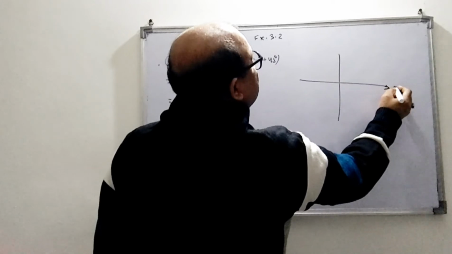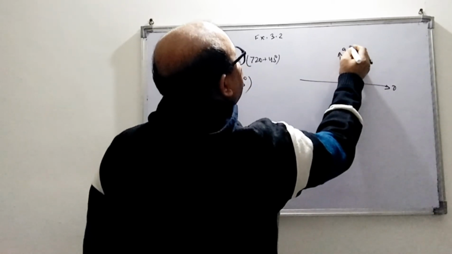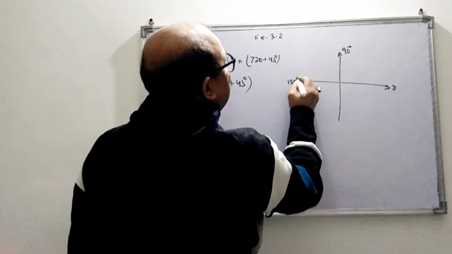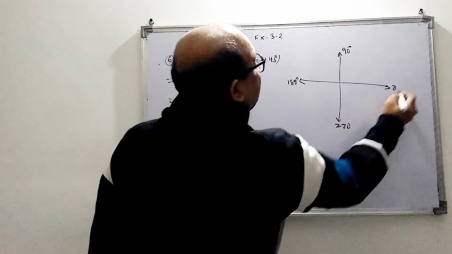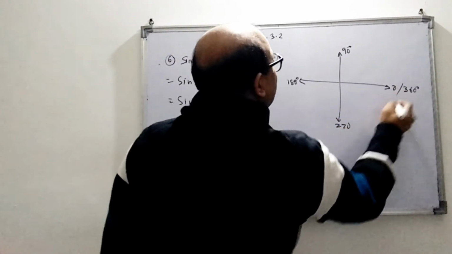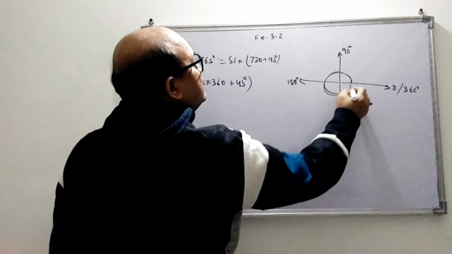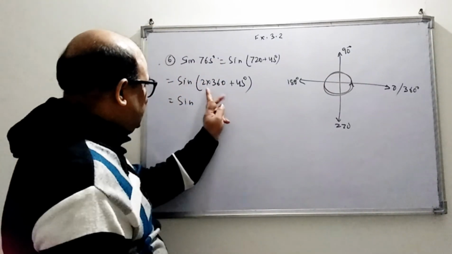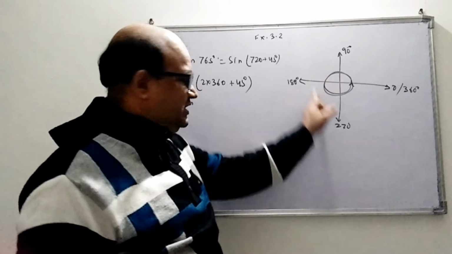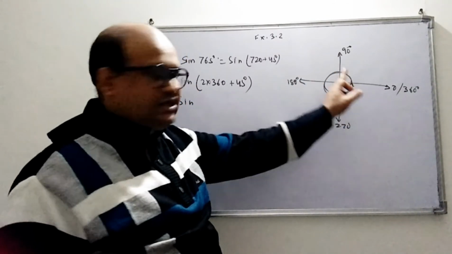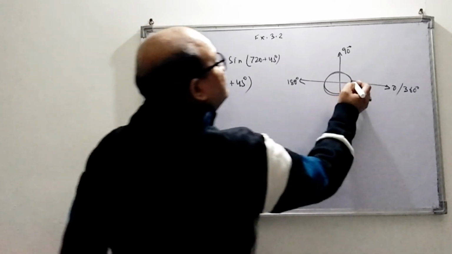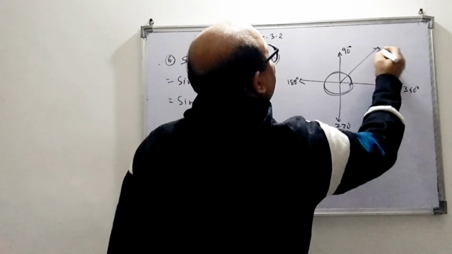Now see here, this is 0, 90, 180, 270 and again 360 degree. So first 360 and again second 360. Thereafter it comes to 45, so it goes here, 45.